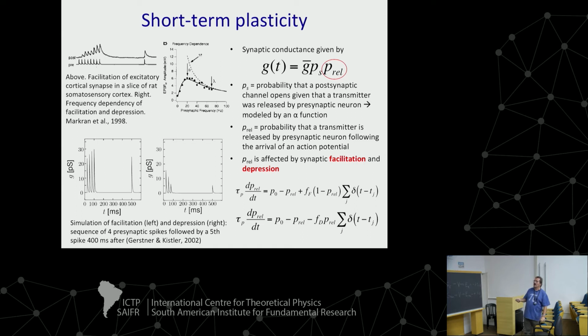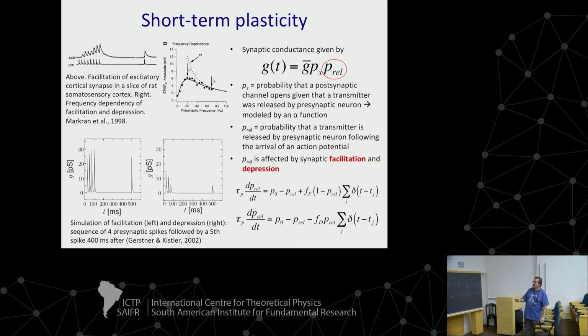So these are phenomenological equations, so they don't consider molecular biology. But of course, you can use different models to capture the same phenomenon, facilitation and depression, but this is the simplest one used in popular models. So you just have two equations there, one for facilitation, this is the frequency for facilitation, one for depression. So you can use this in your model.